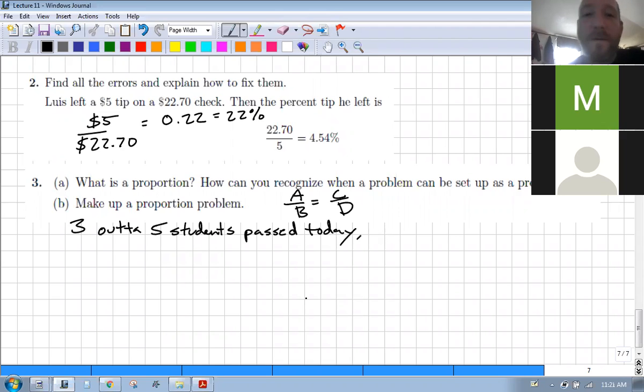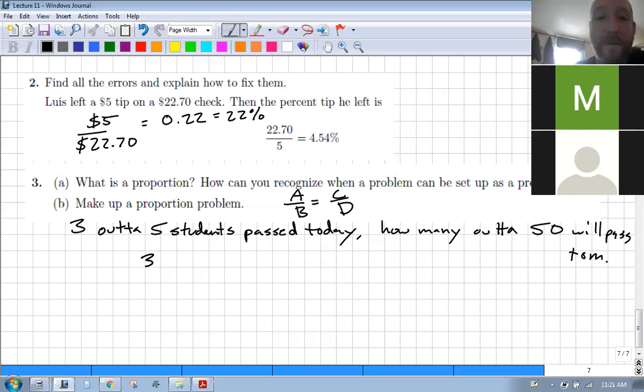So if we have the same passing rate, how many out of 50 will pass tomorrow? Okay, so if we have 3 out of 5, 3 passed out of 5 total, how many will pass out of 50 tomorrow? And then you solve for X.